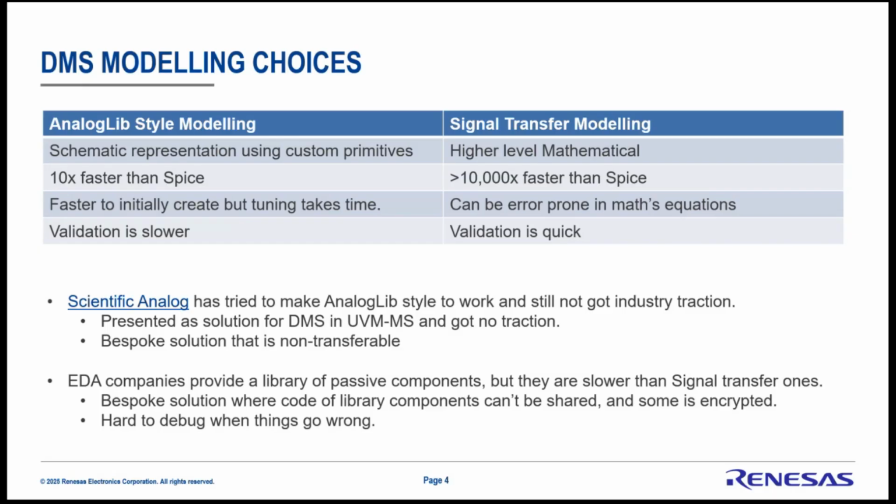Other companies do make a library of passive components, which does make you think you can draw an arbitrary schematic. But, as Andrew Beckett's just said, you don't need to replicate the schematic. And often at the moment, some of these are encrypted because they've got vendor-specific extensions, and so it's hard to debug.